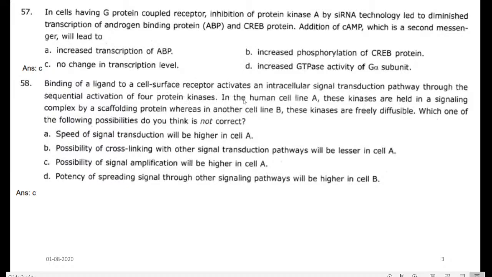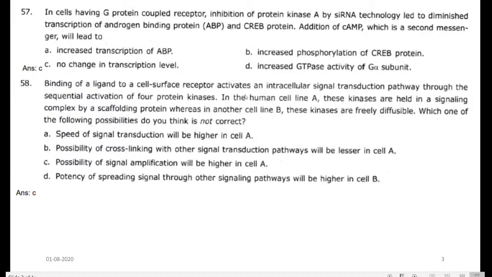Here the question statement starts. In human cell line A, these kinases are held in a signaling complex by a scaffolding protein, whereas in another cell line B, these kinases are freely diffusible. Which one of the following possibilities do you think is not correct?